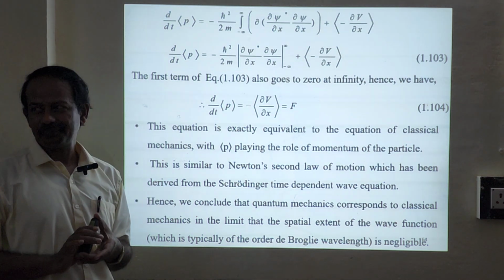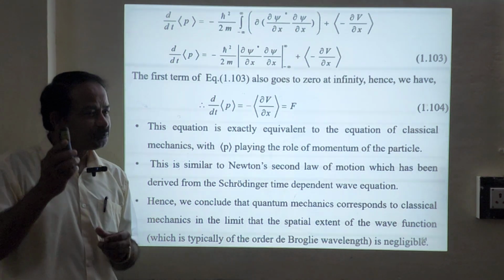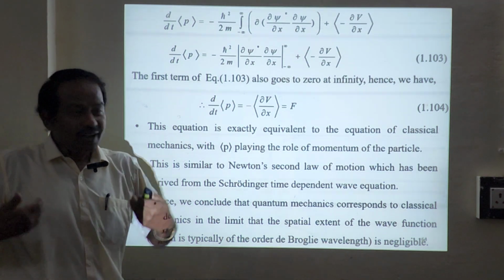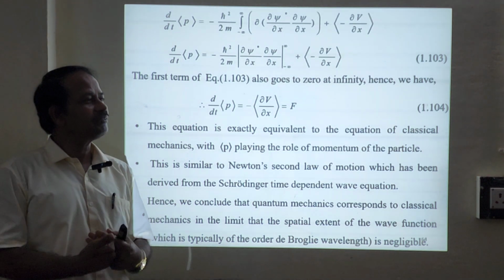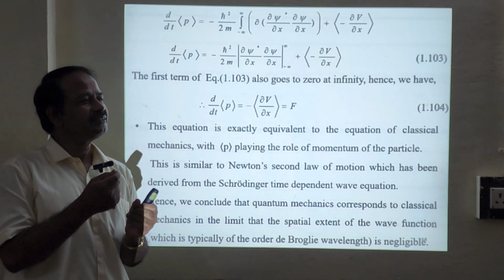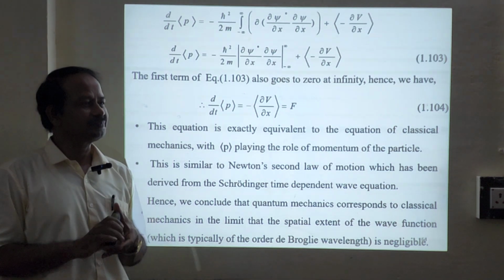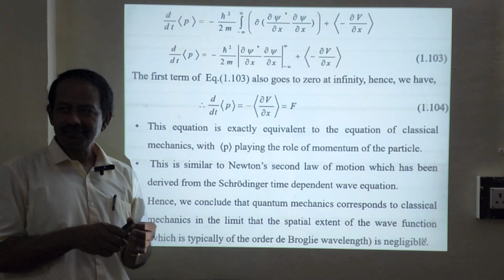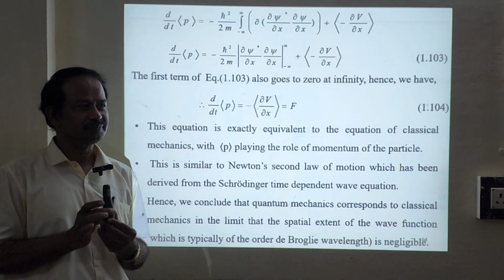See, for example, de Broglie says that this particle also will have wavelength. I also have a wavelength, myself. I can say that this is very small. That's the reason it is not comparable with the de Broglie wavelength. Size is not comparable with the de Broglie wavelength.